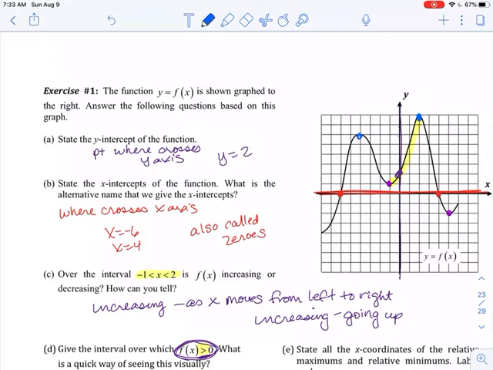And then my absolute min is my lowest point. I'm just looking at this. My lowest y value, which is right there. So this is my absolute min. And this right here is my absolute max.